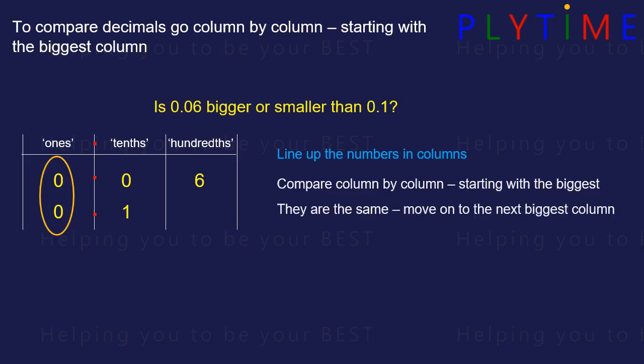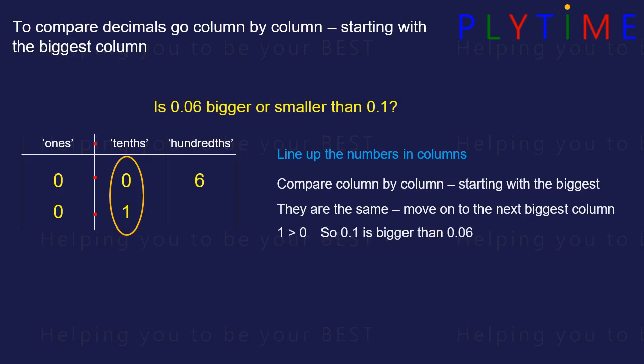Let's look at the ones column. They're both the same, so now we move on to the next biggest column, the tenths column. 1 is greater than 0. So 0.1 is bigger than 0.06. We don't need to go any further.